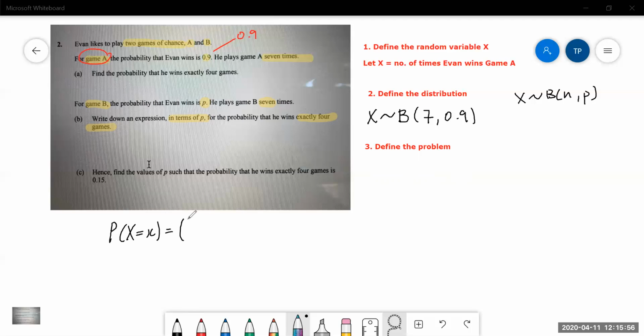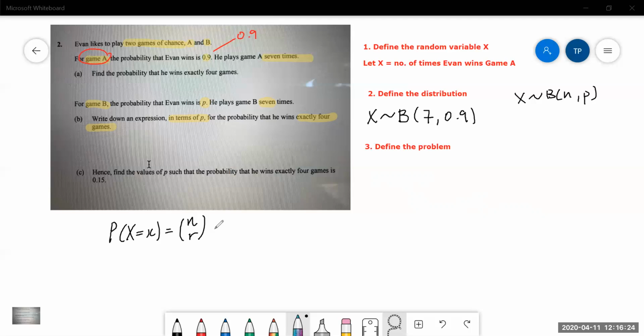n choose r. It's in your formula booklet. You don't have to memorize that. You have a formula booklet. It's basically just n choose r, the binomial T r plus 1 term that you memorize.